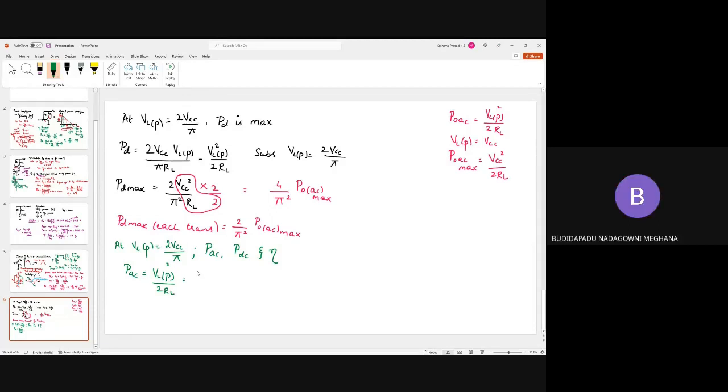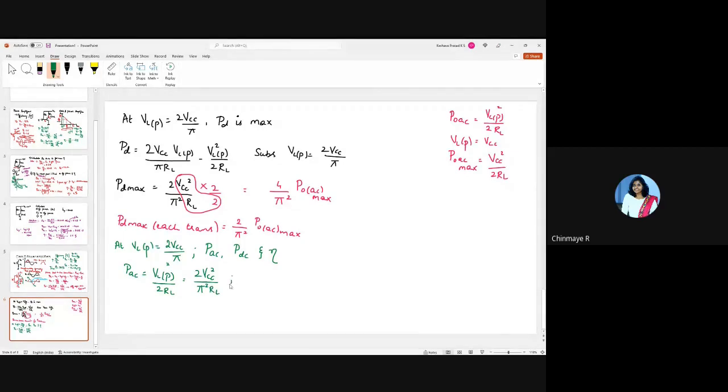Four VCC square by pi square R. Do you get a 4? So this 2 square will get cancelled out with this 2, no? So it will be 2 VCC squared by pi squared RL. Correct? Yes, ma'am.